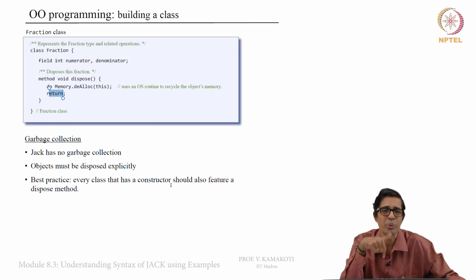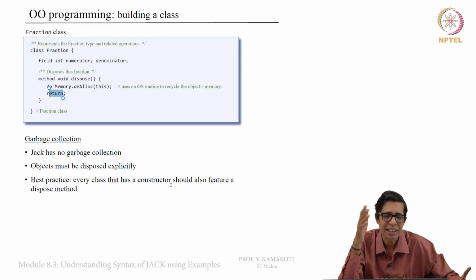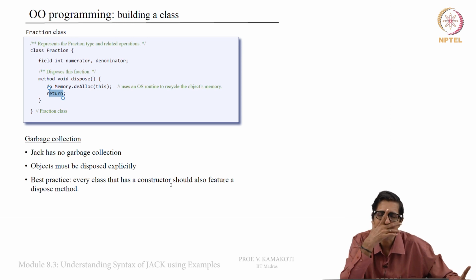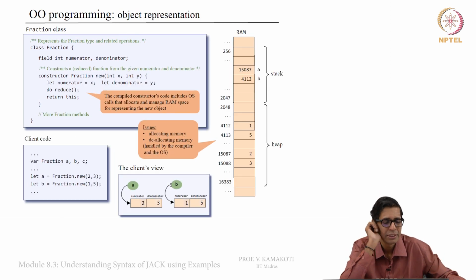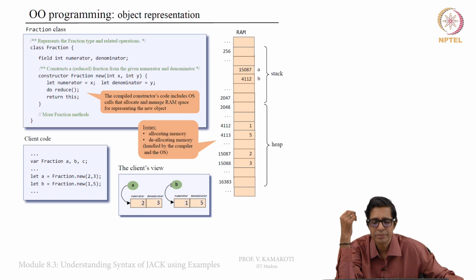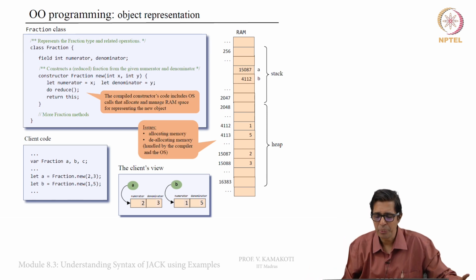In this case we don't do garbage collection, so it is our responsibility to free, and in general a good programming practice is always to free the memory whenever you don't need it, right. That is very, very important. Okay. So this is how the whole thing works.